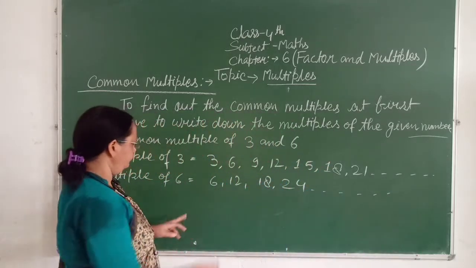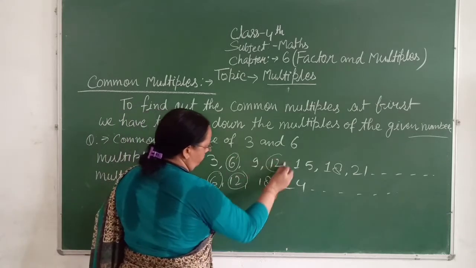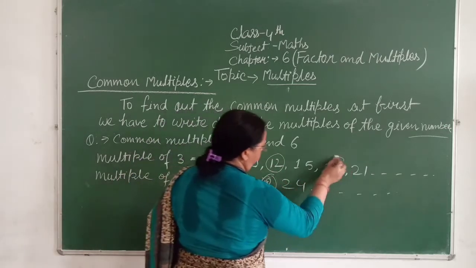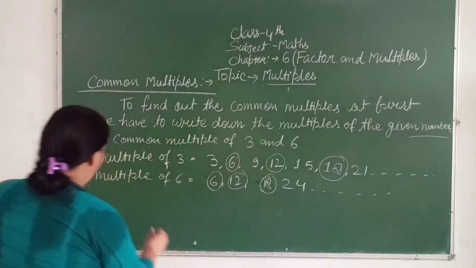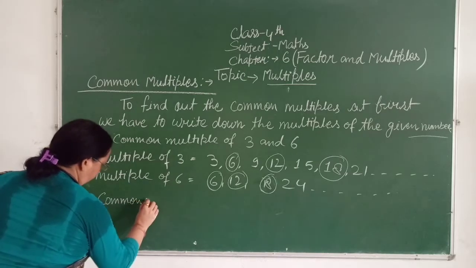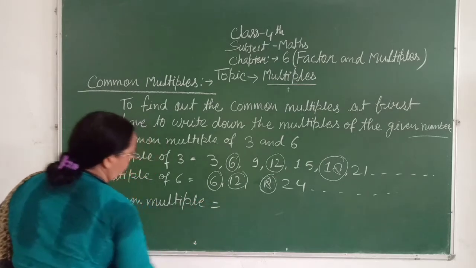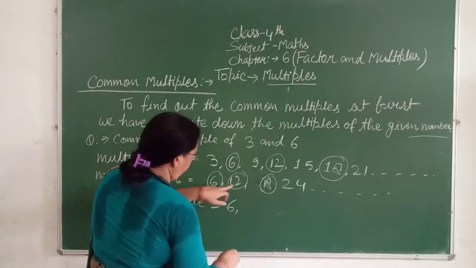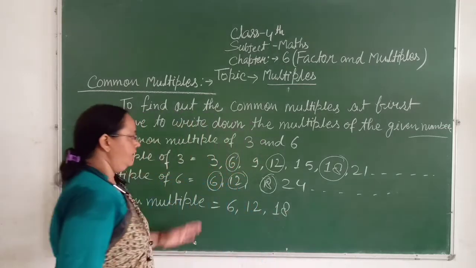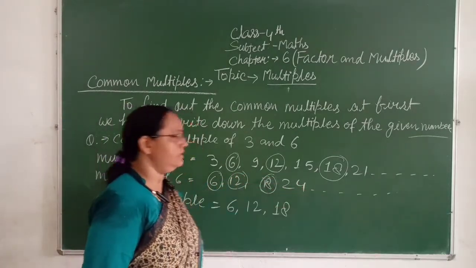Pick the common multiples. 6, 6, then 12, 12, 18, 18, and so on. Common multiples are 6, 12, and 18. And from this method, we can find out more common multiples of the given numbers.